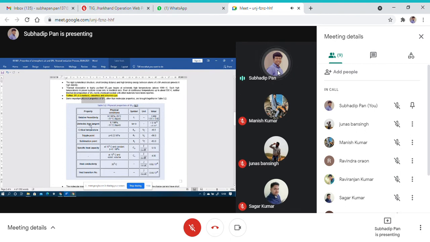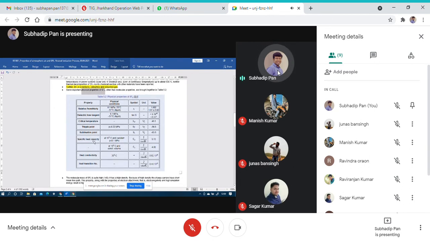The dielectric loss is in the range of 5×10^-6 to less than 5×10^-6, and it is symbolized as tan δ. The critical temperature is 45.5. The triple point is not required right now.